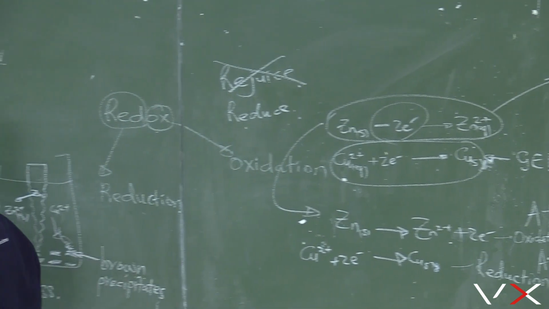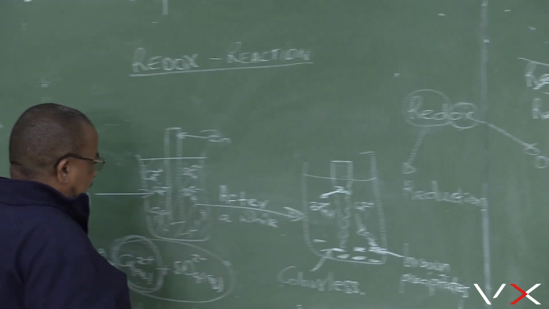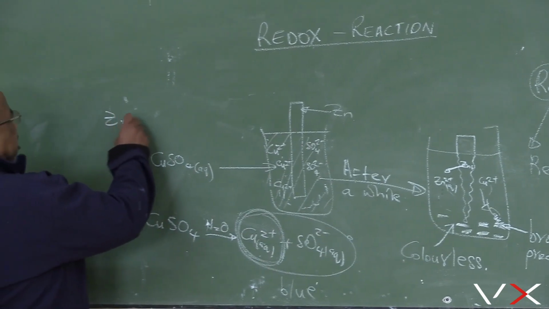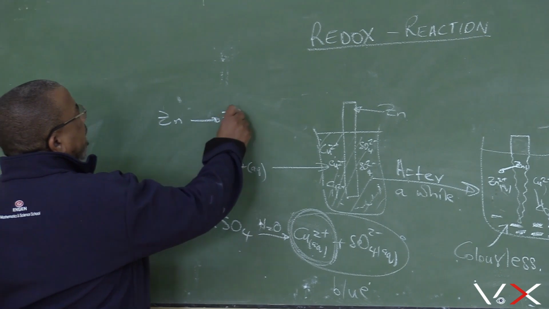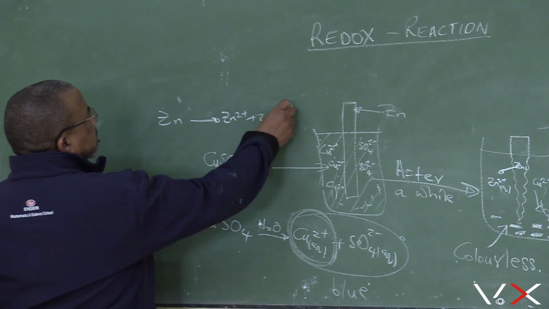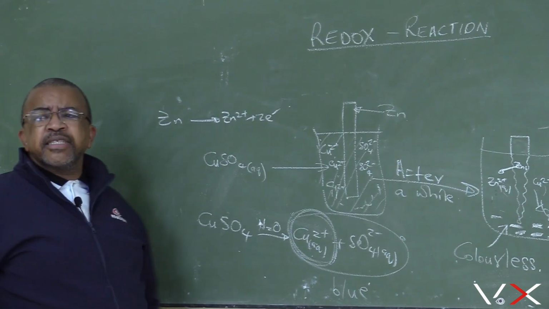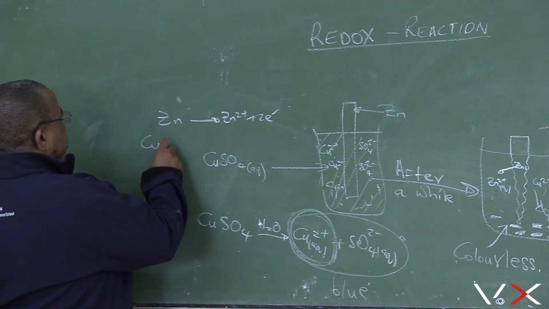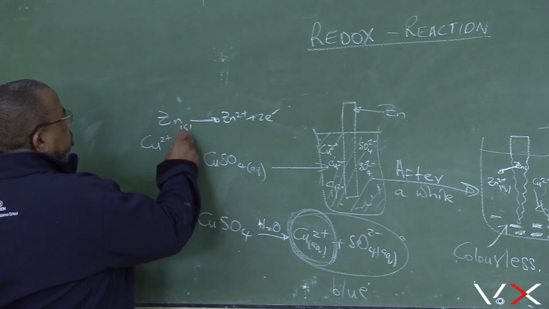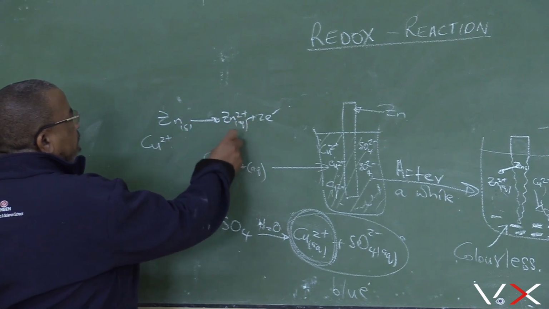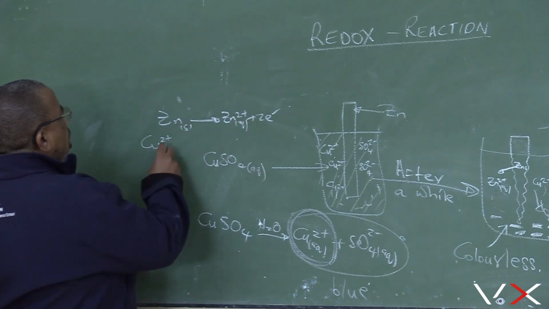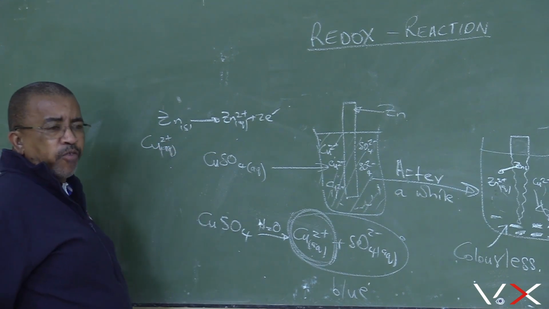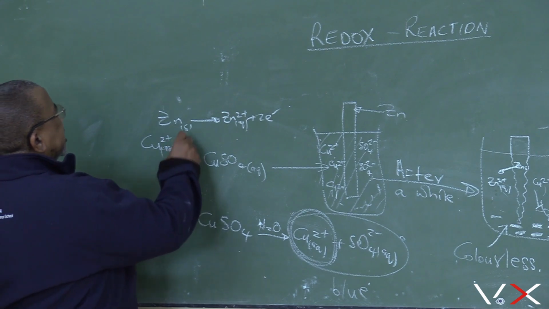Here we saw that zinc forms Zn2+ plus 2 electrons. Zinc undergoes oxidation. The copper in the solution, which was responsible for the blue color, gains electrons.